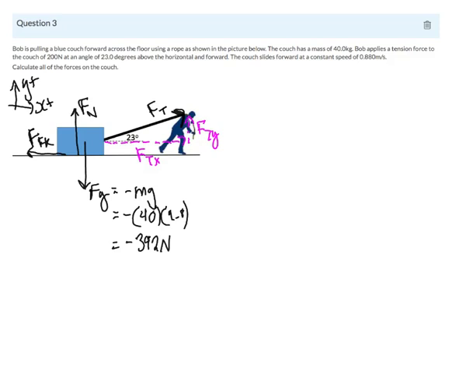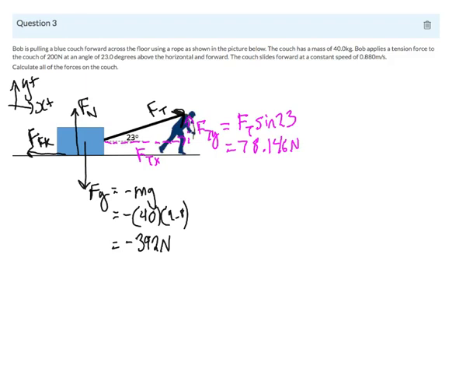I can calculate the tension in the y direction and the tension in the x direction. So the tension in the y direction is going to be Ft times sine of 23, because it's opposite the 23-degree angle. The tension force was 200 newtons, so 200 sine 23 is 78.146 newtons.